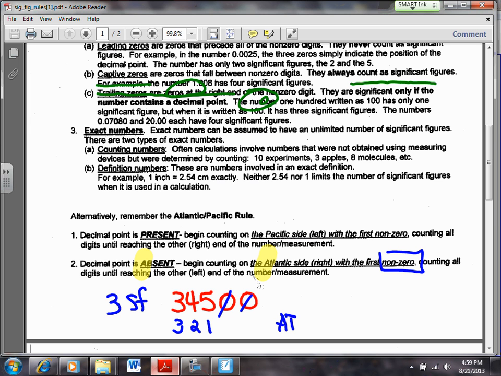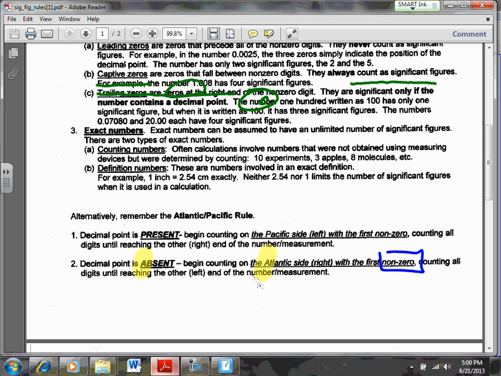So let's do another one. Let's say that I have this number here, 800 with a decimal. So this has a decimal, which means it no longer falls under the Atlantic rule.